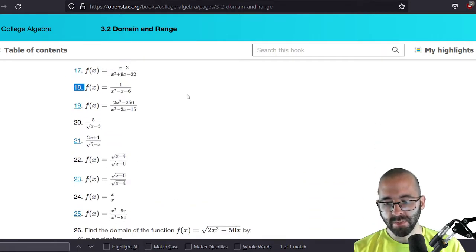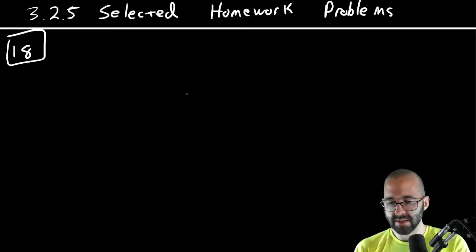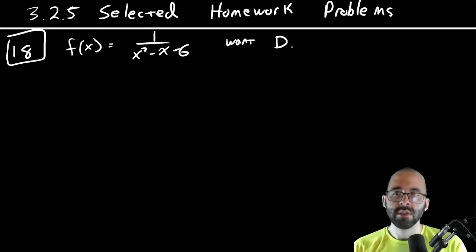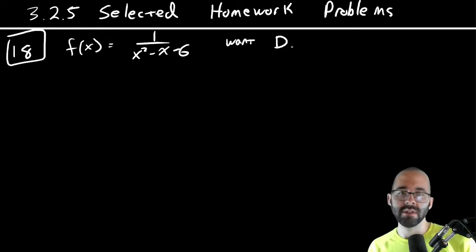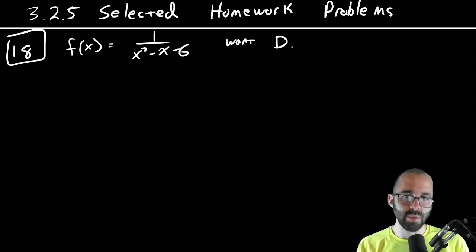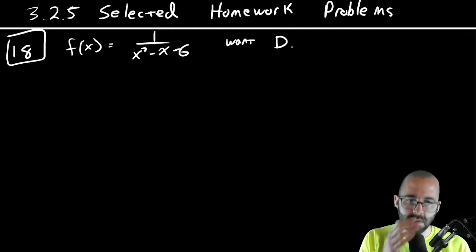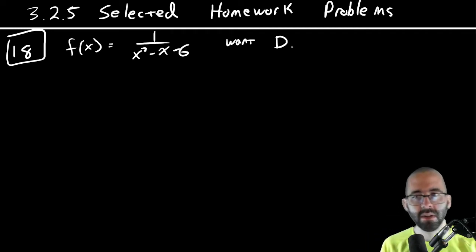Number 18 is this function: 1 divided by x squared minus x minus 6. And we want the domain. So remember, the domain for these functions is everything except when the denominator is equal to 0, or when we have the square root, or fourth root, or sixth root of a negative number.